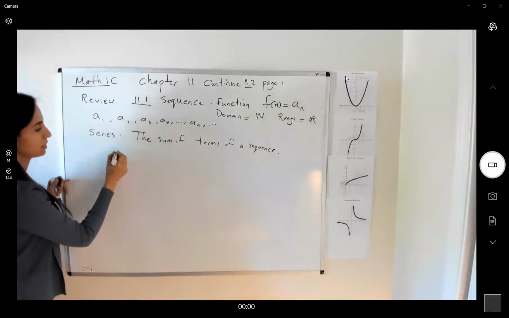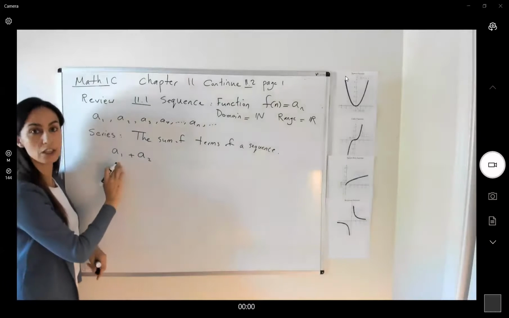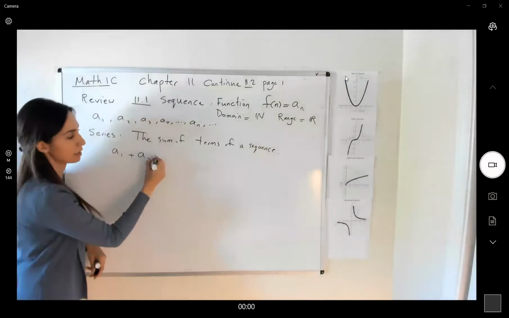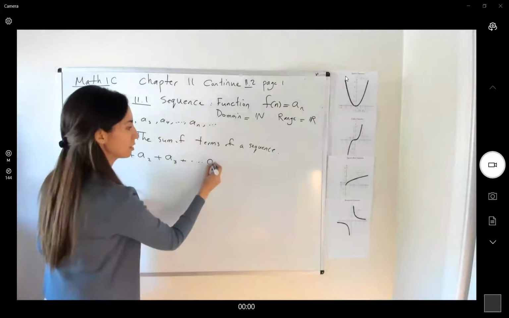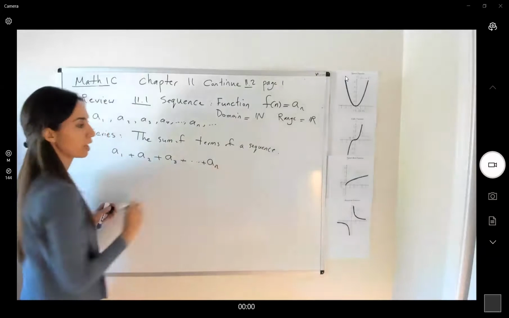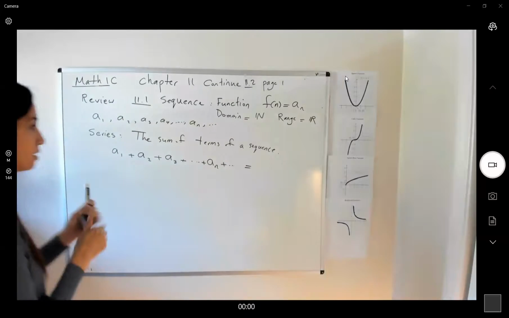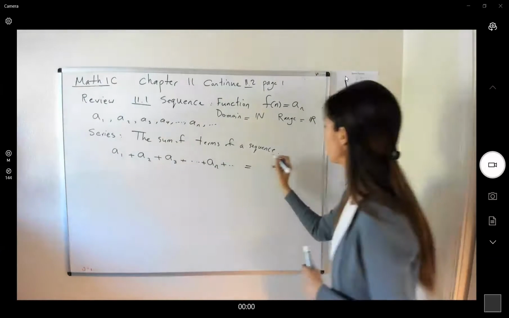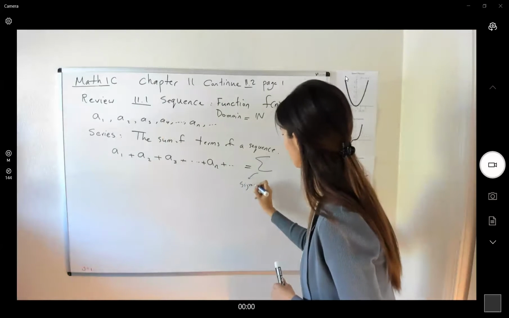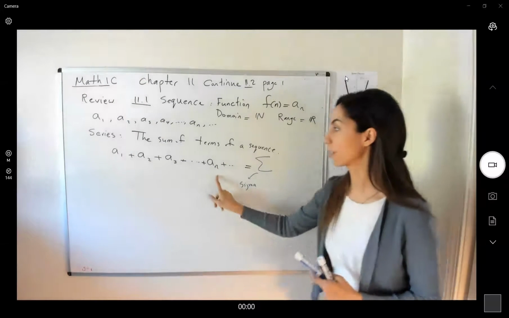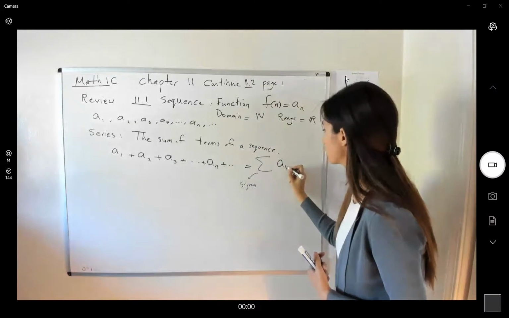For example, a series that has first term a sub 1 plus second term a sub 2 plus third term a sub 3 plus n term a sub n, and it continues, denoted by the Greek letter sigma, showing that you are adding some terms a sub k.